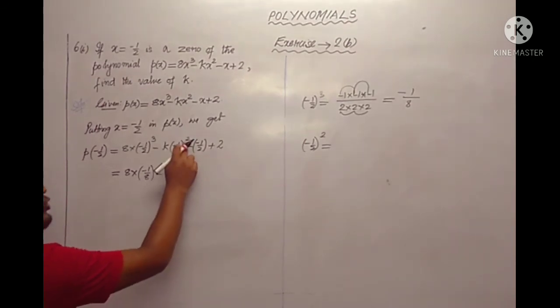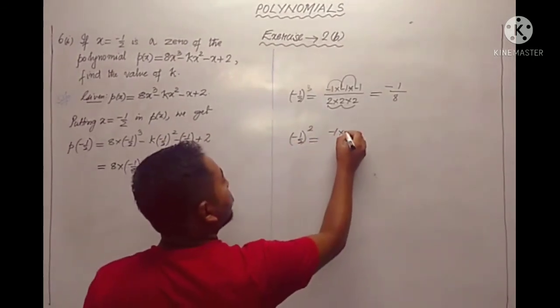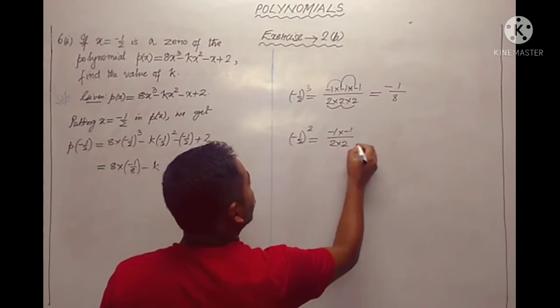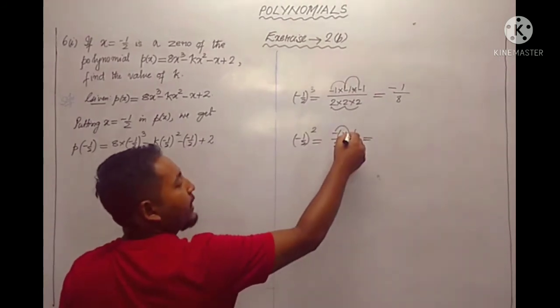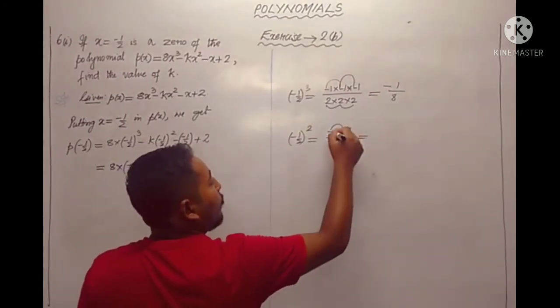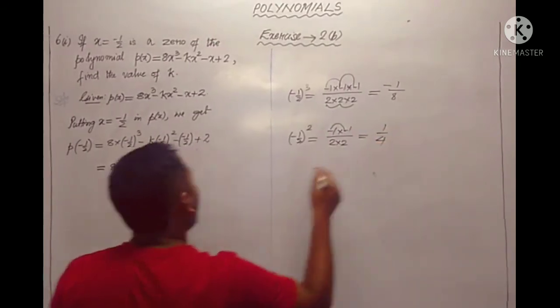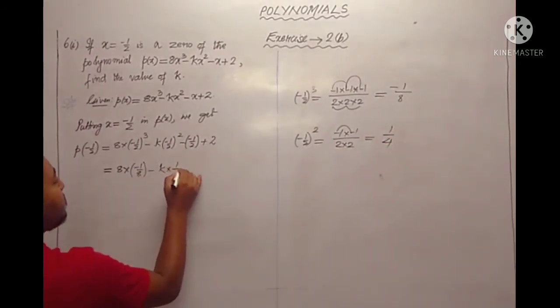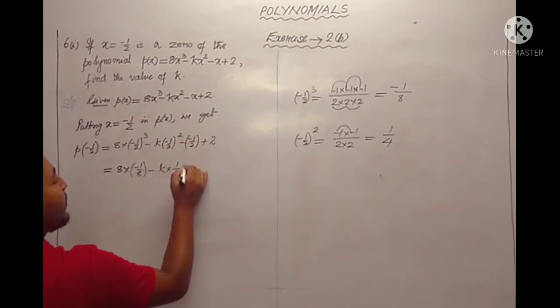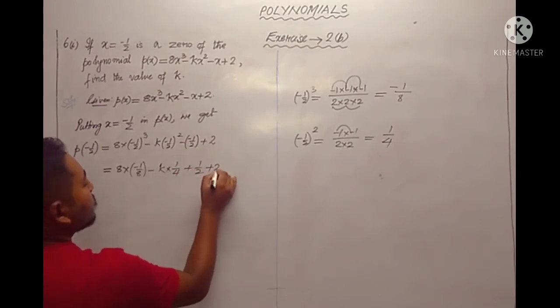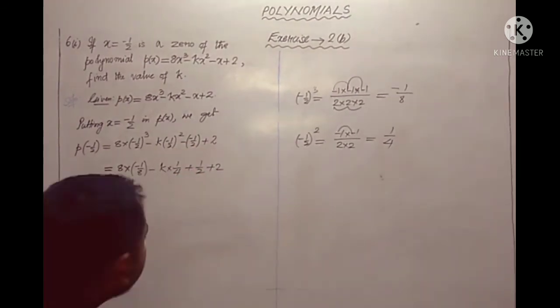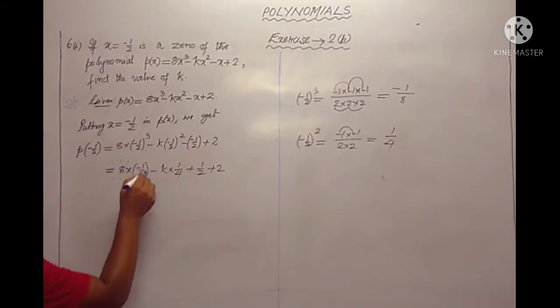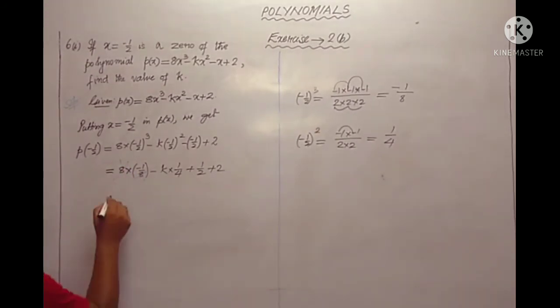(Minus 1 by 2) whole squared means minus 1 into minus 1 by 2 into 2. You will have minus into minus is plus, 1, 1, 1. 2 to the 4. You have 1 by 4, minus into minus is plus 1 by 2, plus 2. So now you can cancel 8 ones are 8, 8 ones are 8. So what is left?